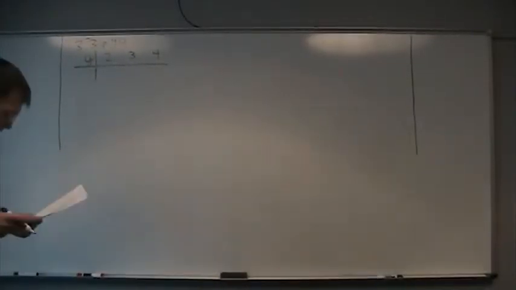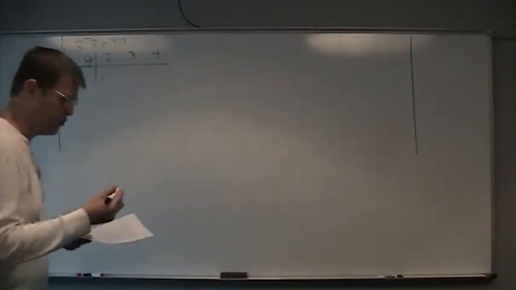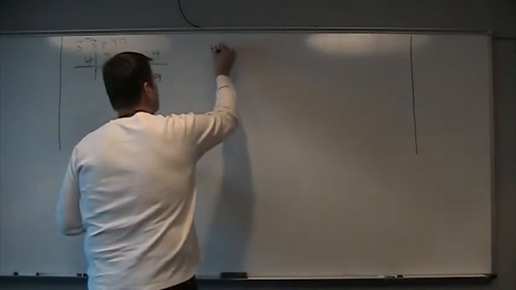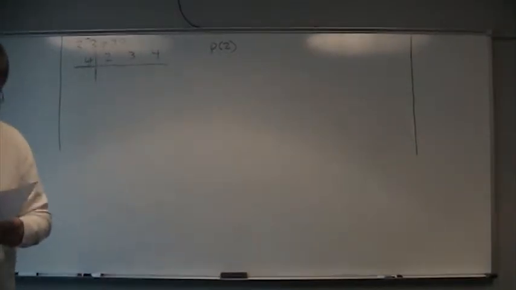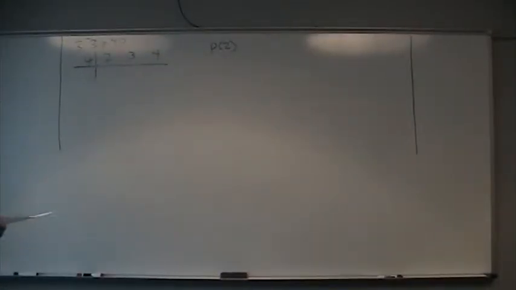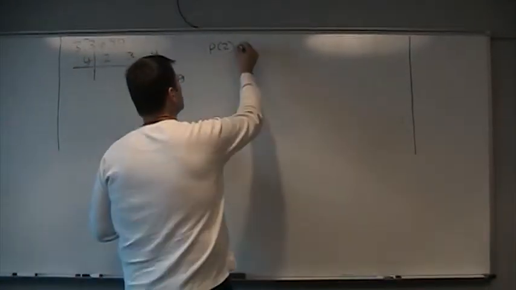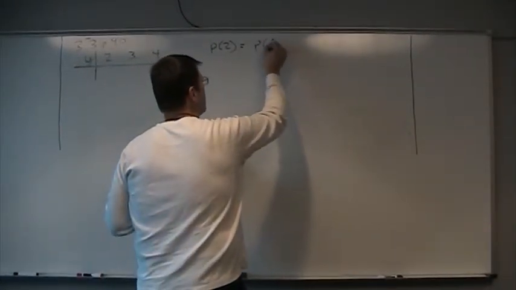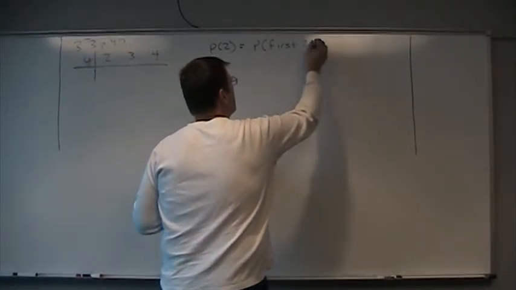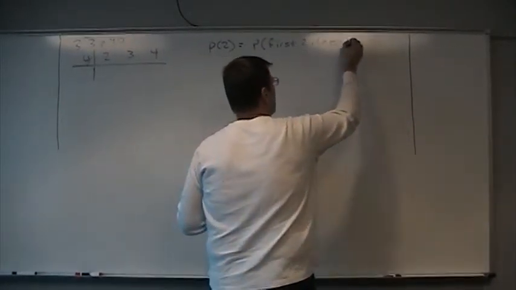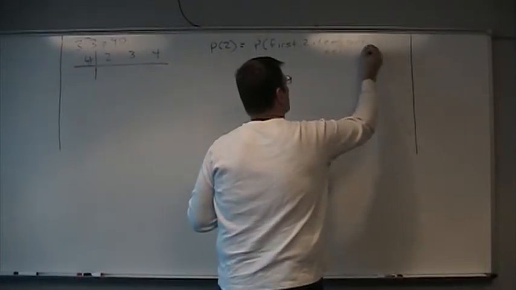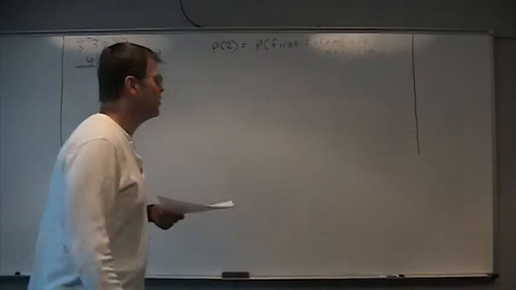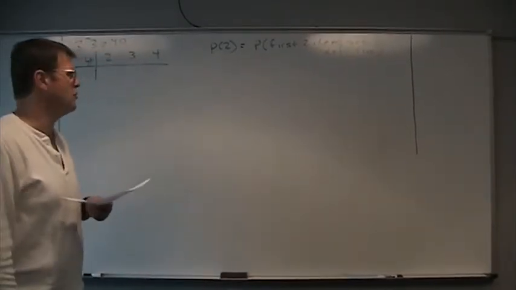In the case of the first part, where y equals 2, we're looking for p of 2. What has to happen here is for the first 2 items chosen to both be defective. So one way that we can do this, probability that the first 2 items are defective, we can use the combinatorial probability that we did in chapter 2.